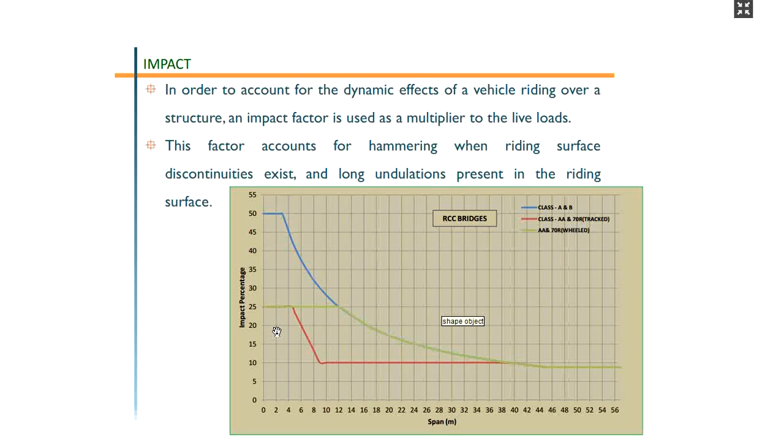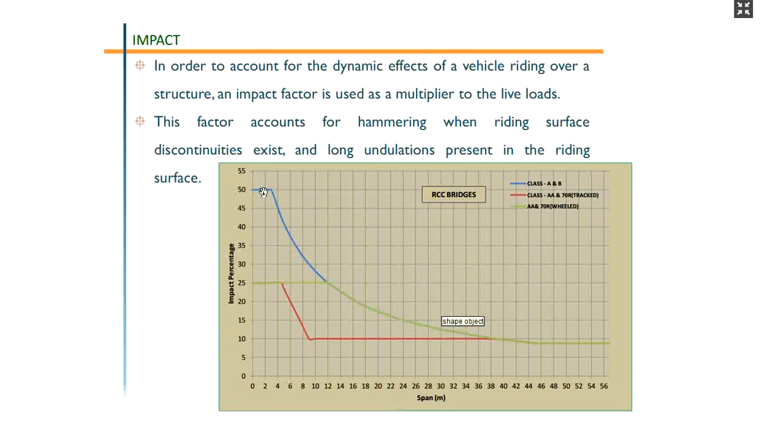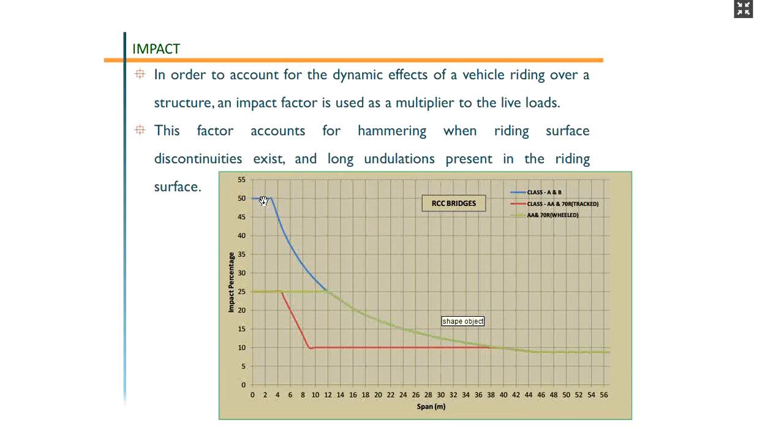So right now we are concluding this topic. When we are designing this whole structure, at that time each and every load combination, including wind load and earthquake load, are all supposed to be applied. But right now we are focusing only on the live load. How to calculate the live load, that is what we have studied today.